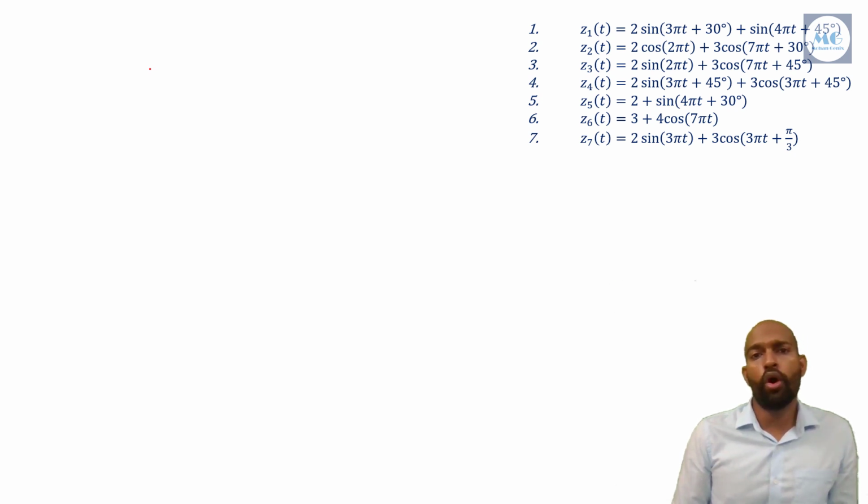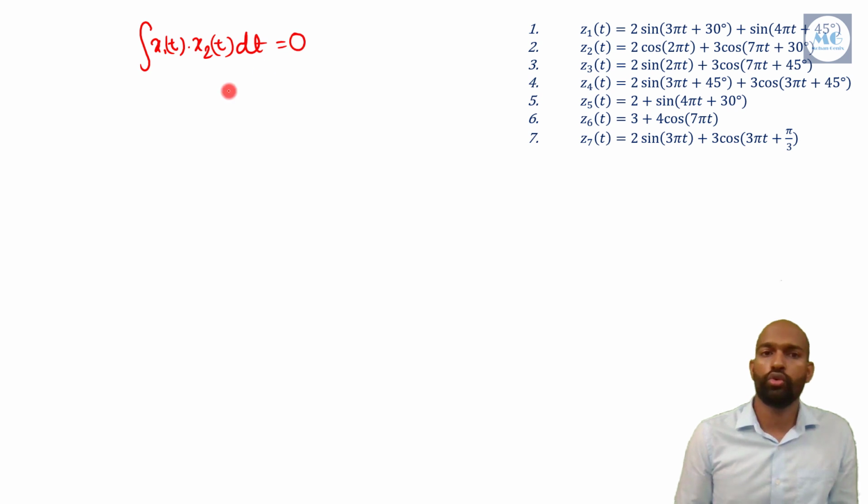I told you in my previous lecture that if for any signals x1(t) and x2(t), the integration of x1(t) times x2(t) dt is equal to 0, then x1(t) and x2(t) are called orthogonal signals. And what is the use of these orthogonal signals?